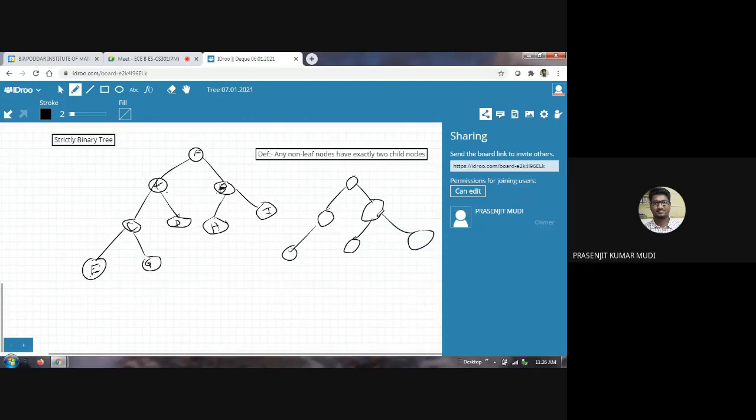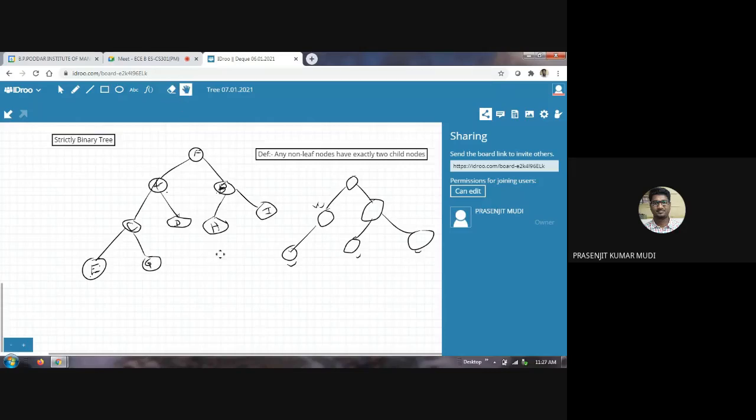Why? Because identify the non-leaf nodes. Leaves are this one and this one. The others are non-leaf nodes, out of which these have two children, this also has two children, but this is a non-leaf node which only has a single child node. So it must have another child node to make it a strictly binary tree. That's why this kind of binary tree is not a strictly binary tree.